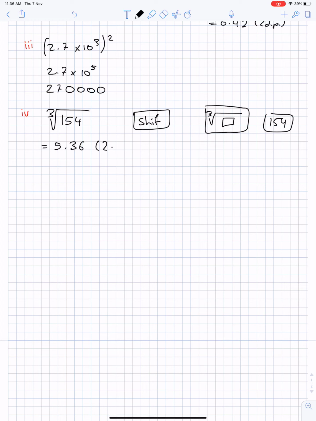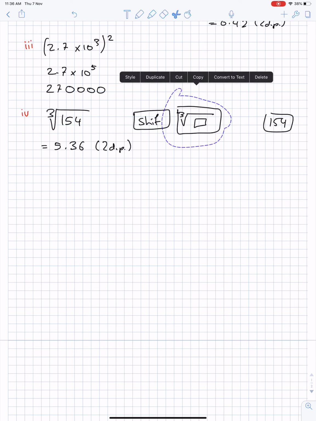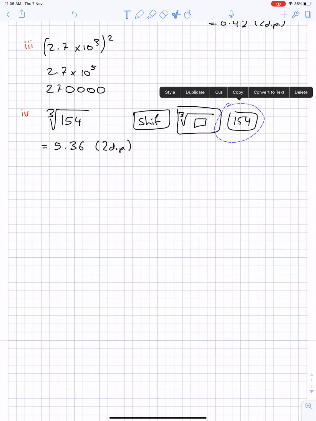That's to 2 decimal places again. So these are the keys you need to press on your calculator.